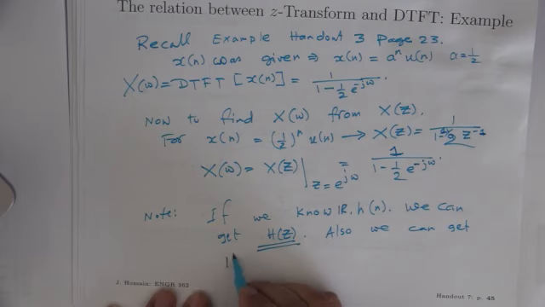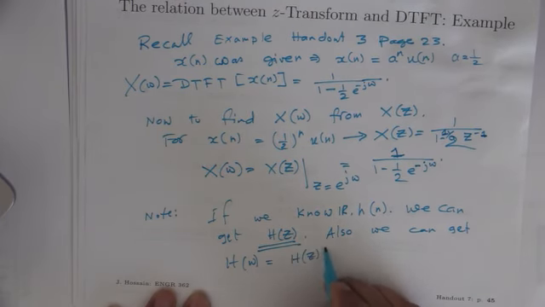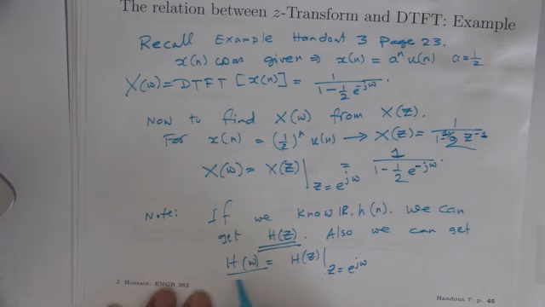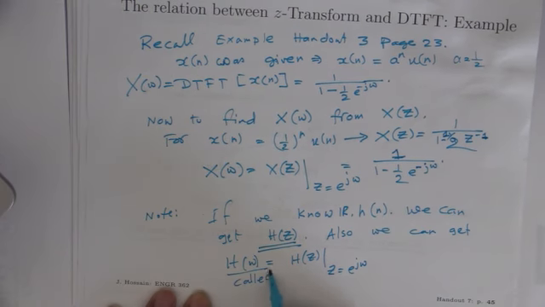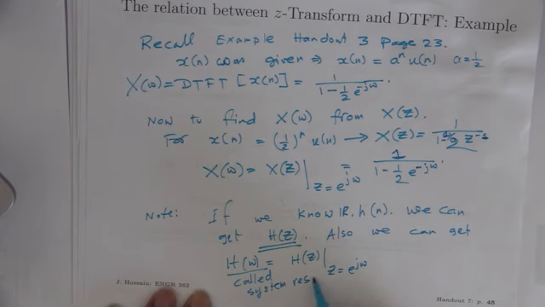We can also get H(omega), which is H(z) evaluated at z equal to e to the j omega. Do you know the name of this thing? This H(omega) is called the system's response in the frequency domain.